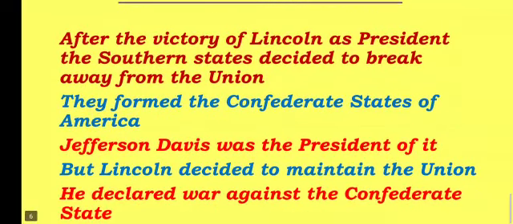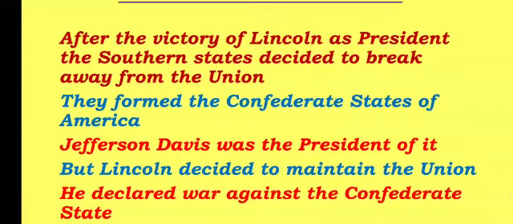They formed a separate state which is called the Confederate States of America. Jefferson Davis was the president of the Confederate States, but Abraham Lincoln was not ready to accept this division. He wanted to continue the union.